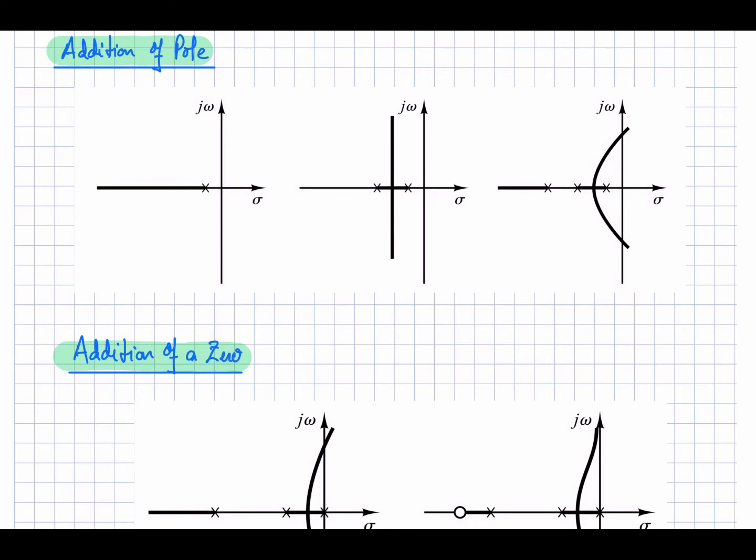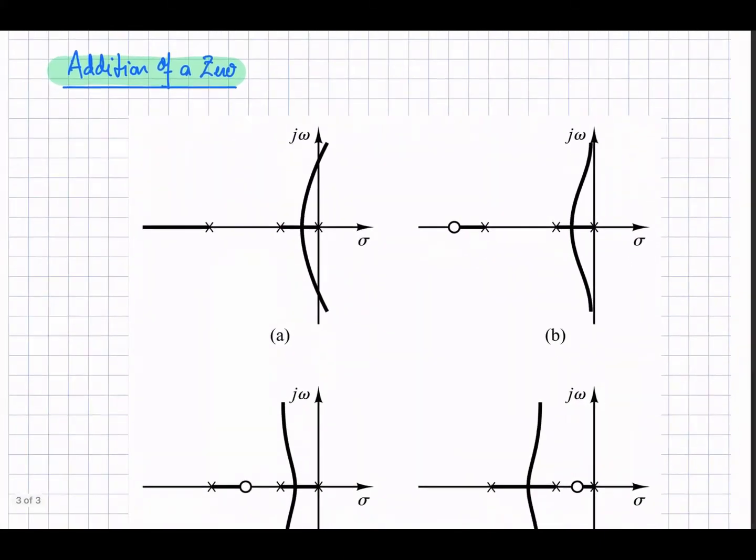Relative stability decreases, because you can see over here the closed loop poles are now entering into the right half plane as we increase the poles. So when we add a pole, the relative stability is affected and becomes lower, because your closed loop poles may enter into the right half plane.